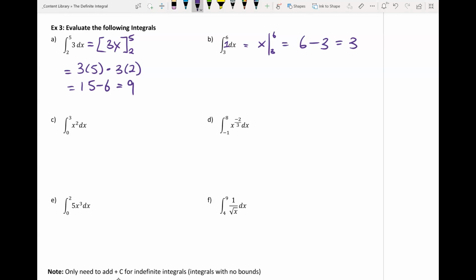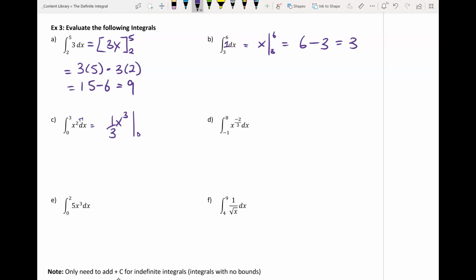This next one is a little bit trickier. So we're going to add 1 to the exponent, but then I also need to divide it by that exponent of 3. Again, you can check your work to see if you get back x squared. So if I bring down the 3, that's going to cancel out in the front, and then I subtract 1 from the exponent, it is certainly x squared.